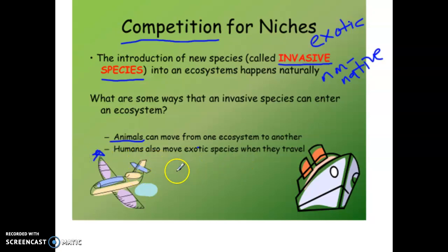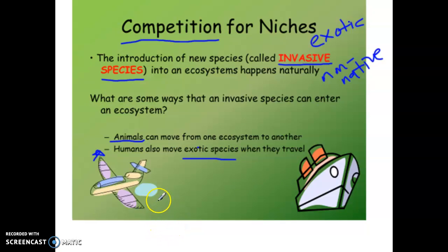Humans are traveling either by ship or by air or train, and because there's so much global movement, not only does that affect the spread of the coronavirus, just to keep things on topic, but when humans travel globally you also have exotic species that can make their way in.